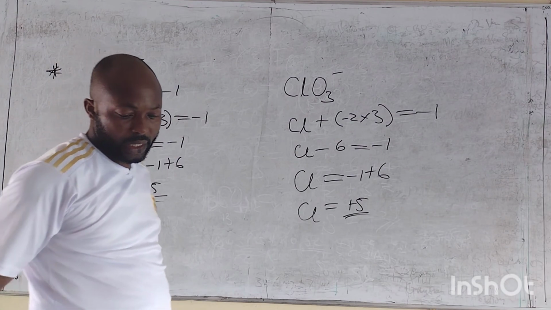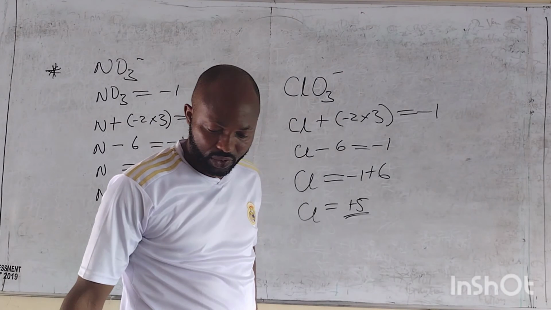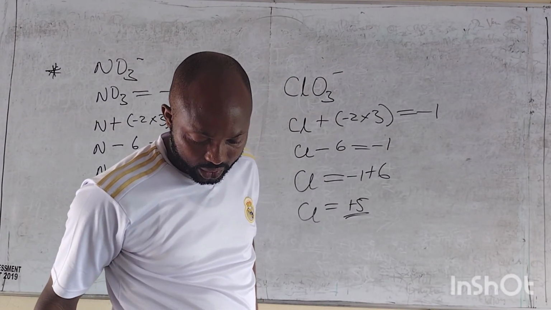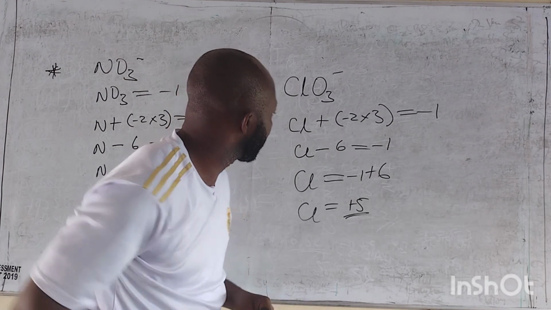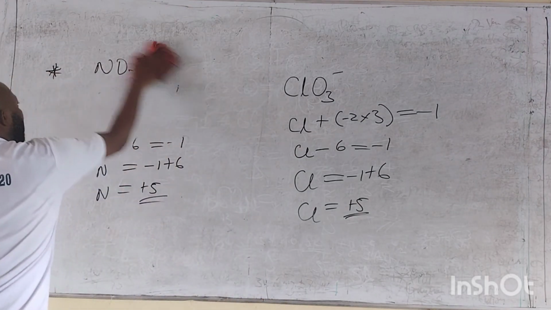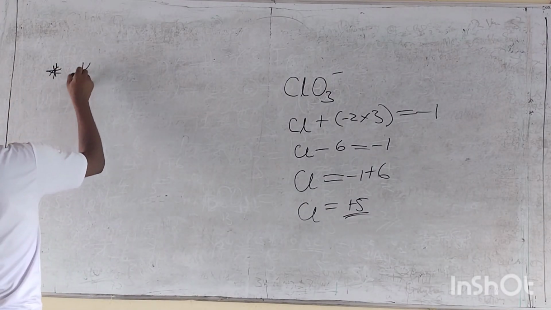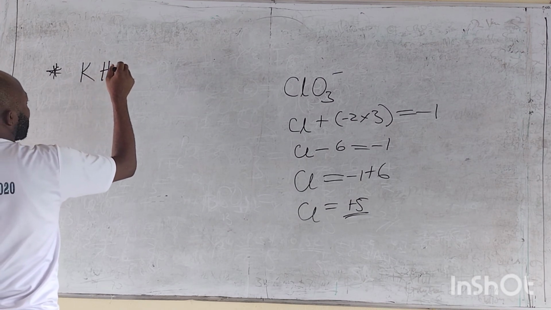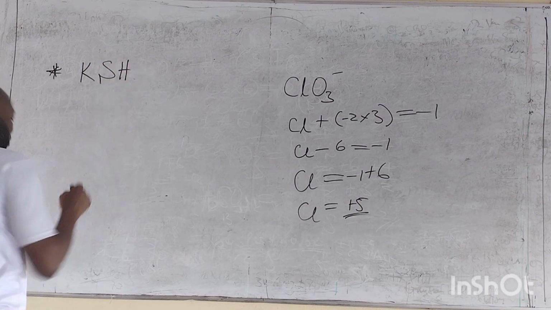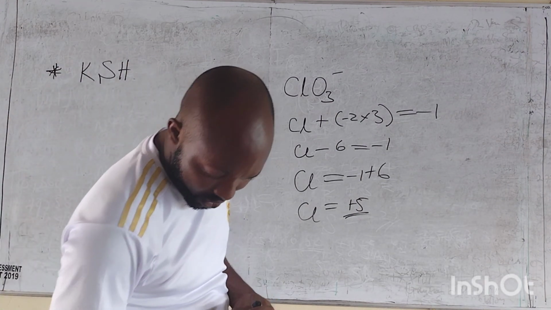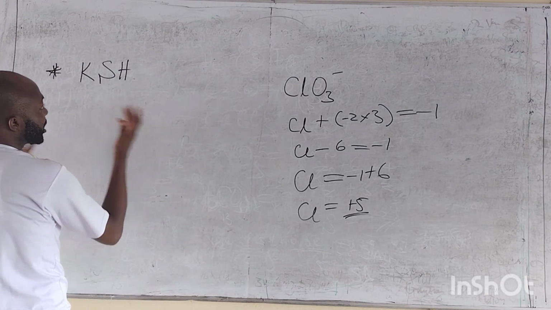Before we go into that one, let's take this other one. Calculate the oxidation number of sulfur in the following compound, KSH. So everything in its free state is equal to 0.